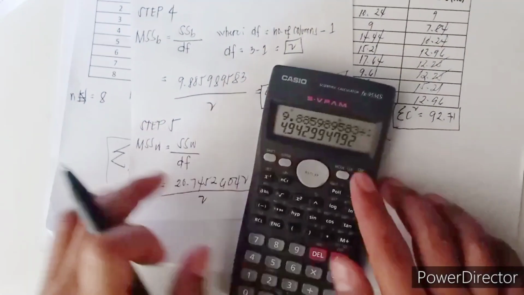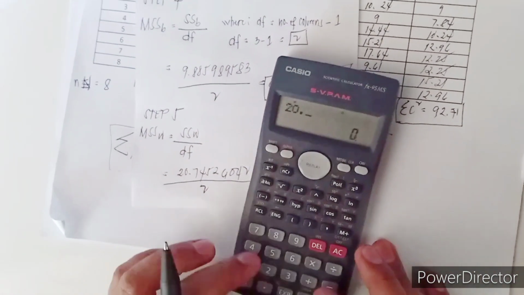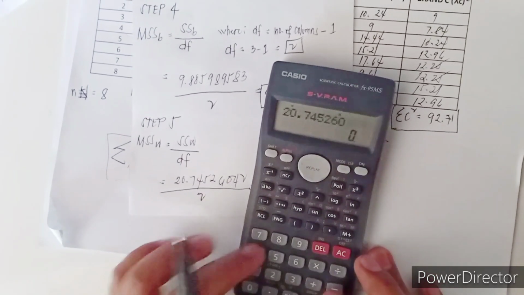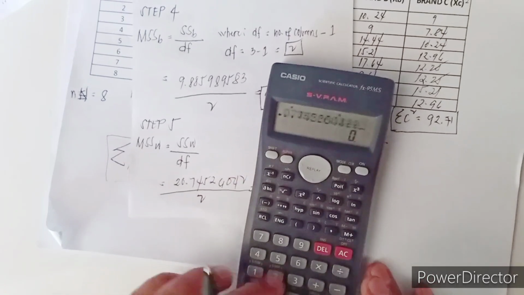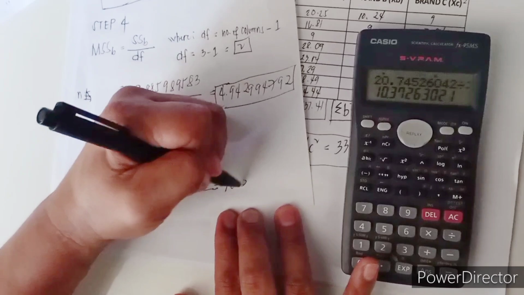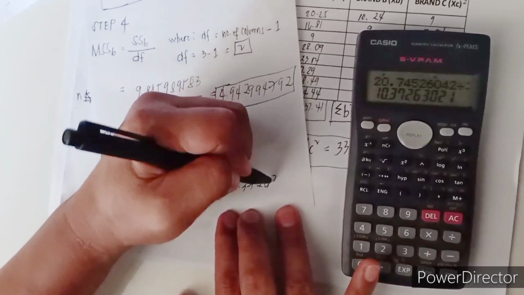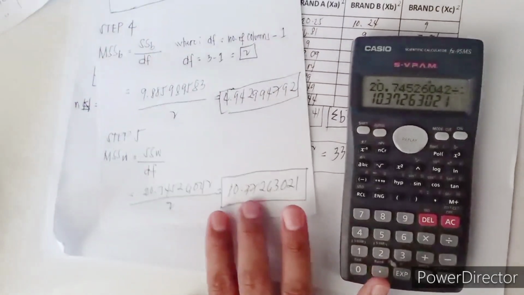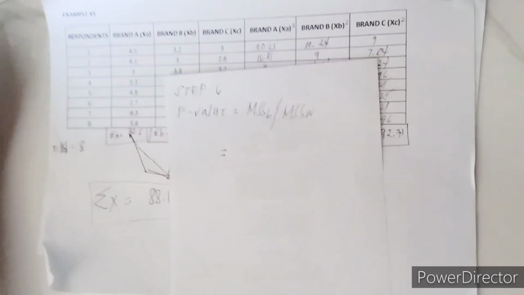DF is 2. Tama ma'am? Divided by 2 is equal to 10.37263021. Whew.